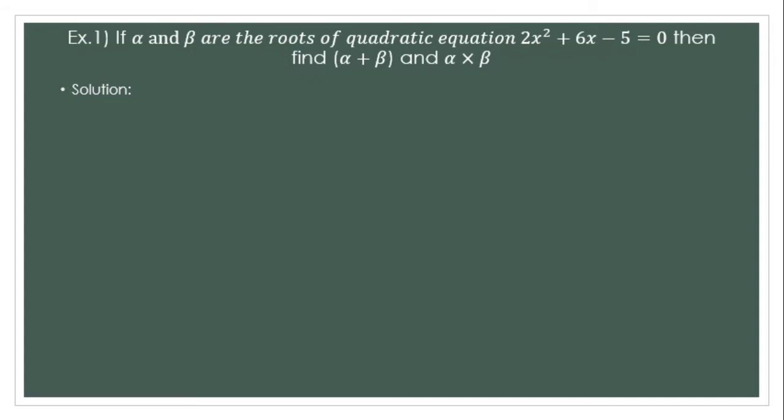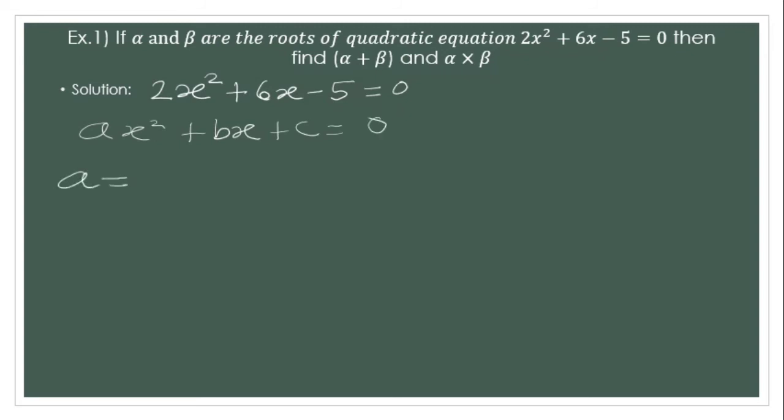Okay, सबसे पहले हम given quadratic equation as it is लिख लेंगे 2x square plus 6x minus 5 which is equal to 0. अब इस given equation को कंपेयर करेंगे ax square plus bx plus c equal to 0 के साथ. Okay, so what we will get, value of a is 2, value of b is 6 और c की वैल्यू मिलेगी -5.